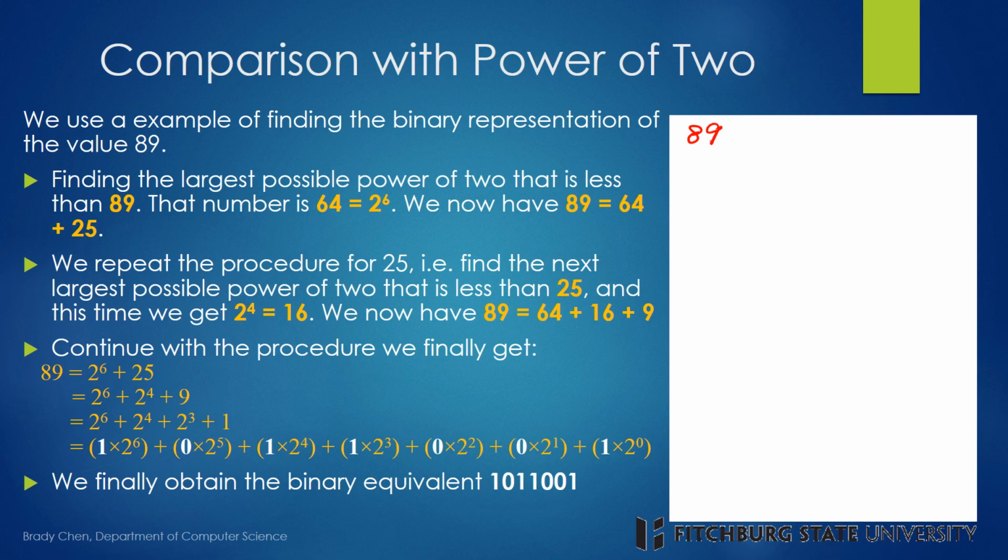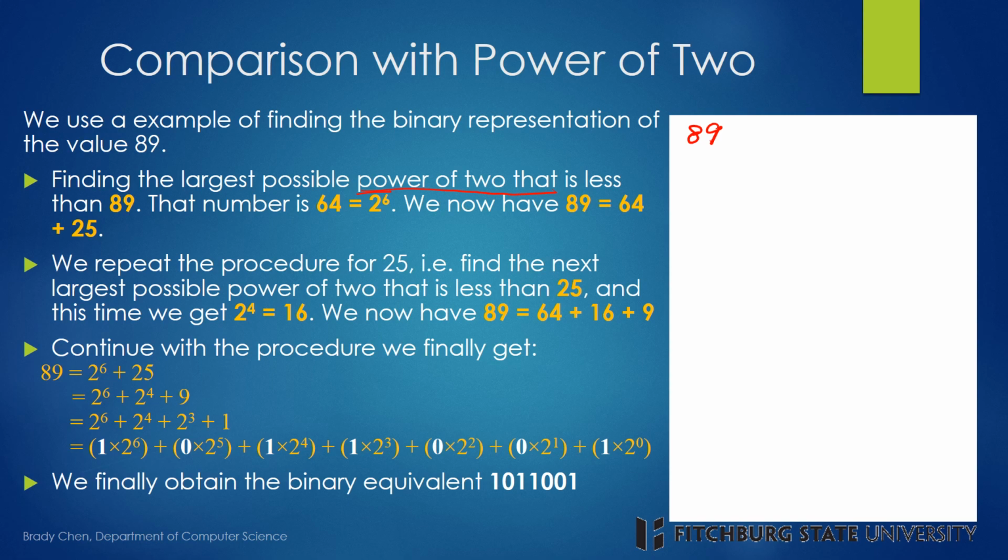The idea of comparison with power of 2 is, first we're going to find the largest possible power of 2 that is less than 89.